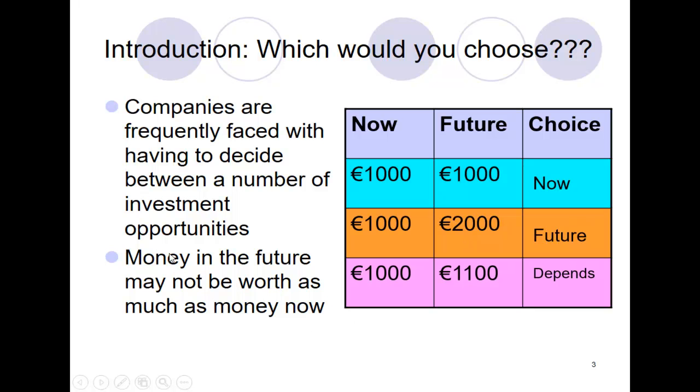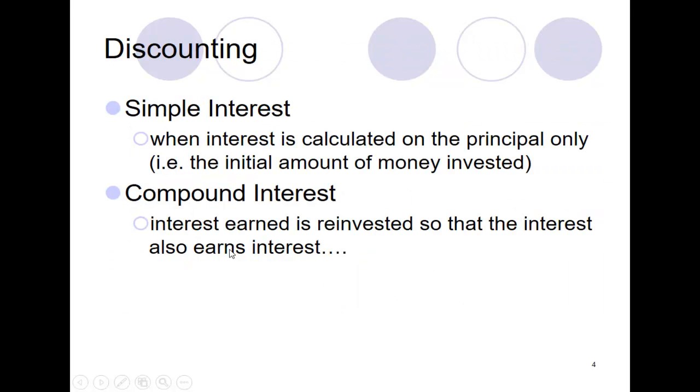So the thing we learn from this is money in the future may not be worth as much as money now, and it depends on how far in the future and how much the money rises. Okay, so looking at discounting then. Discounting is where you're discounting the value of money in the future in comparison with money now. So in other words, a bird in the hand is worth more than two in the bush.